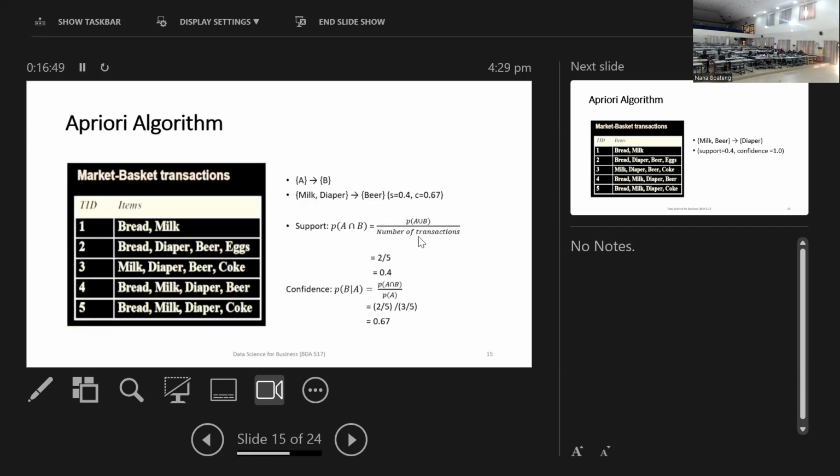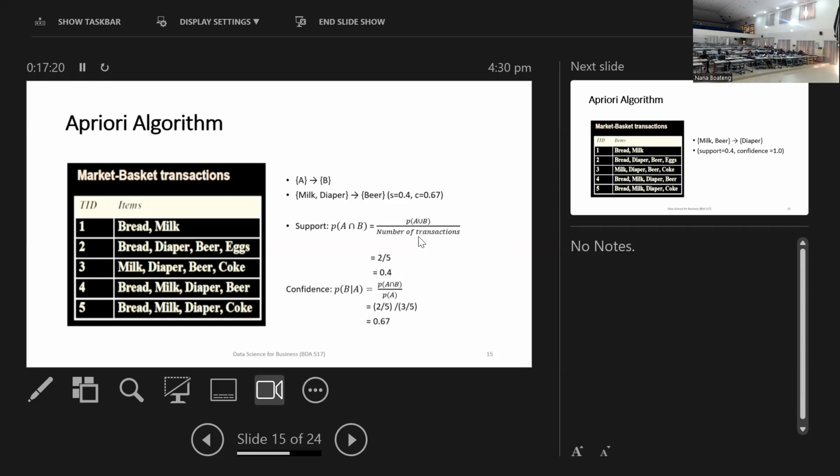So let's see this particular database. We have various items in these 5 transactions. The first item was bread. The third was milk and coke.